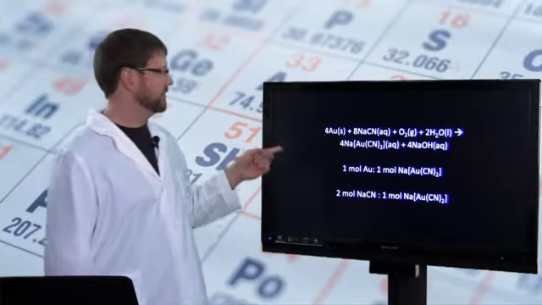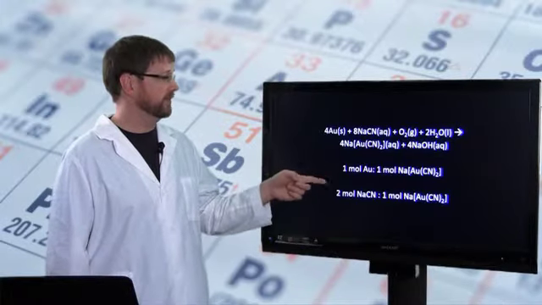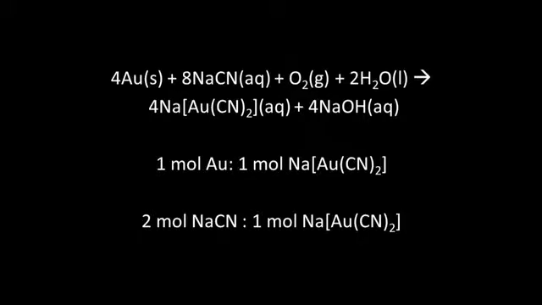Now, for every mole of gold consumed in this reaction, 1 mole of sodium gold cyanide is produced. However, looking at the chemical equation, there's a 2-to-1 ratio of sodium cyanide to the sodium gold cyanide product.